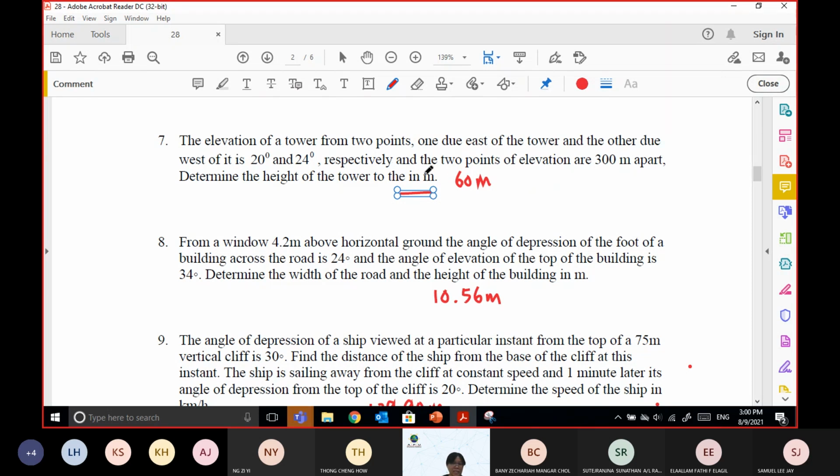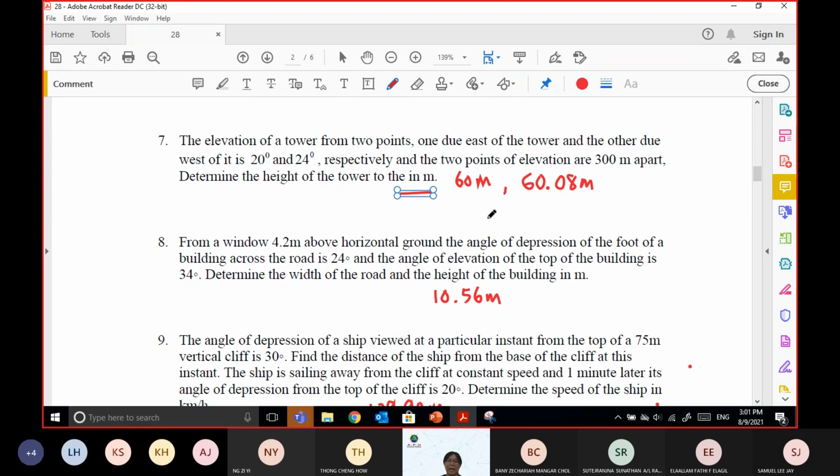We're not sure what the missing part is. My original answer is actually 60.08, so I write it here for you to check. I guess they require the nearest meter, so I put 60 meter, but 60.08 is fine as well.